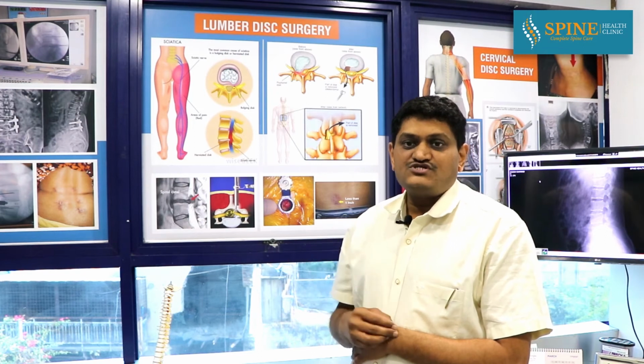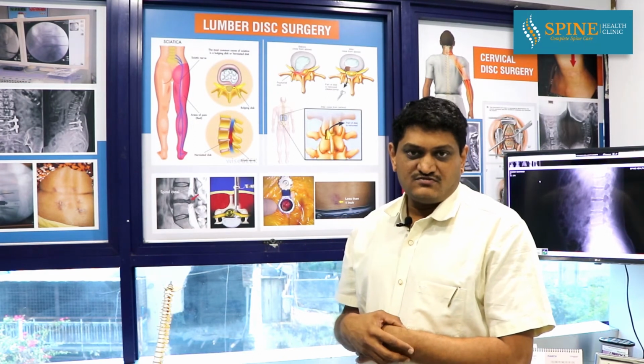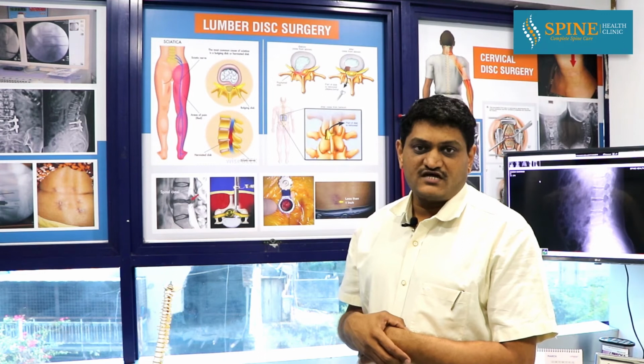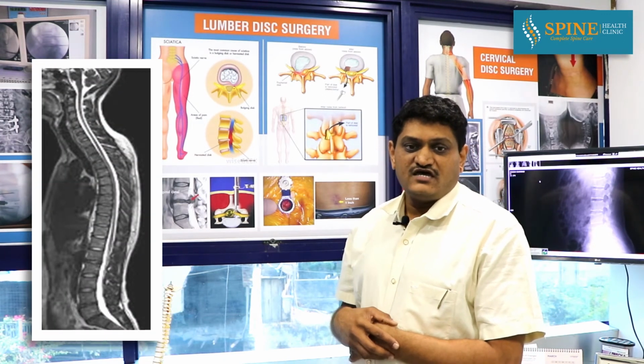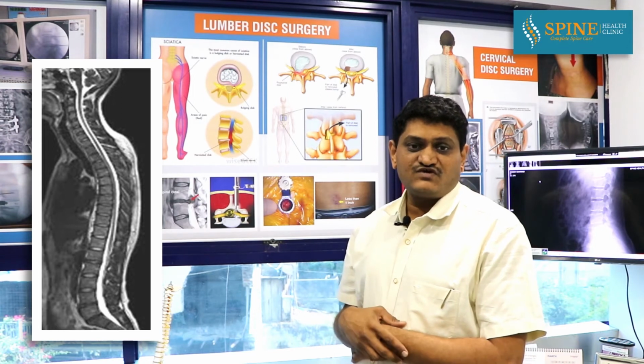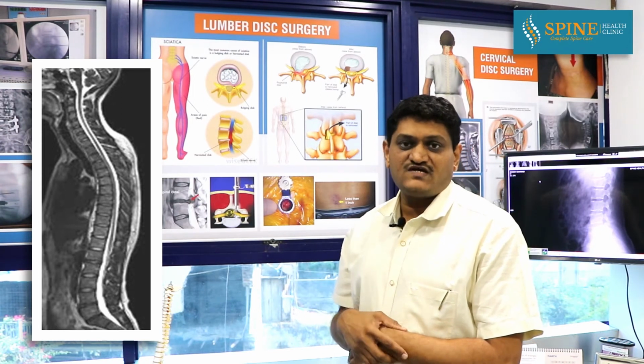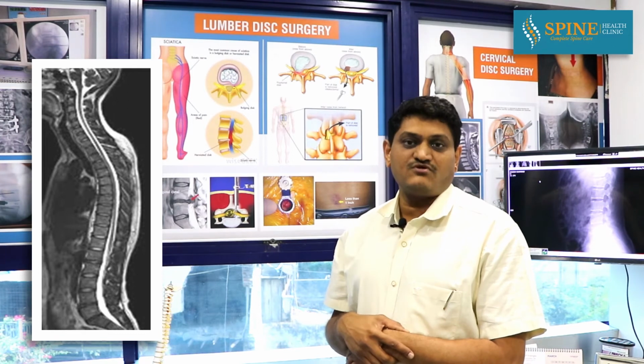There is a gold standard investigation to diagnose this problem, and that is an MRI of the spine. With an MRI, we can diagnose disc problems more than 99% of the time.